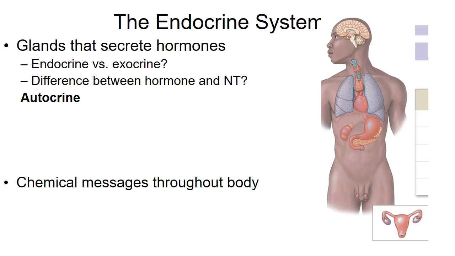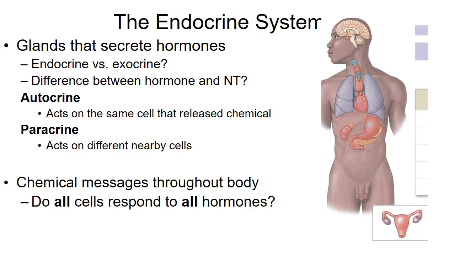All right. So we talked about autocrine and paracrine. Okay? We haven't talked about endocrine versus exocrine. We did talk about that with glands back in 231. Endocrine means that it's being secreted within the body, within the blood vessel system, right? Exocrine means that it's being secreted into a structure that opens up to the external environment.